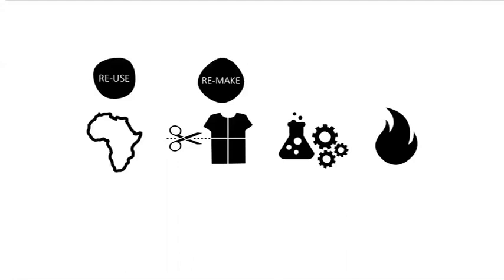The second thing that happens is if there are clothing that cannot be reused, that either are no good for reuse or there's no market for reuse, they tend to get chopped up into wiper cloths. Now, when we think of remaking, quite often as designers, we think of upcycling and beautifully creating a product, and that is amazing. There are some incredible designers doing things like that. But predominantly in the industry, they get cut up into squares, and they're used, as I said, as wiper cloths for mechanics, for window cleaners.